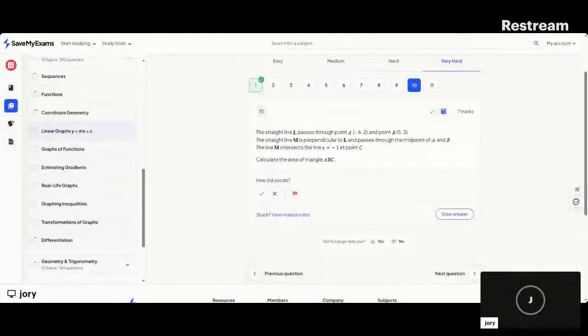And the reciprocal equals negative 11. That's the slope of line M. So it's y equals negative 11x plus c, and I want to find c.